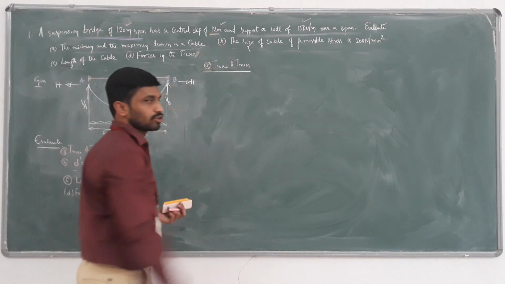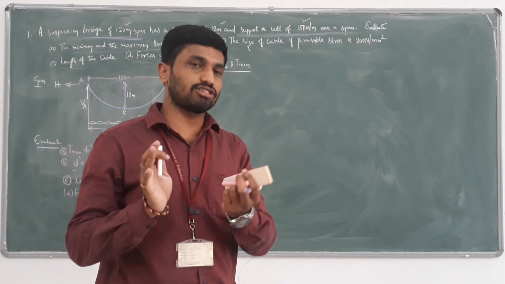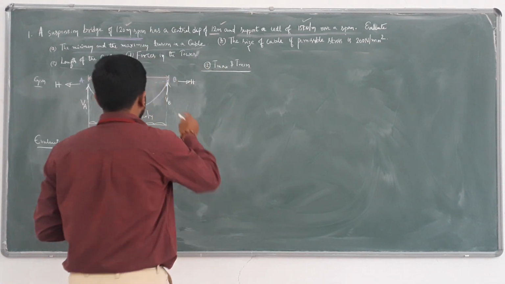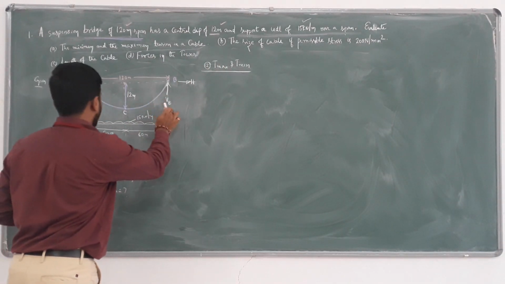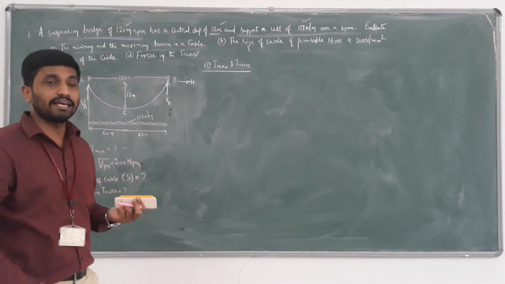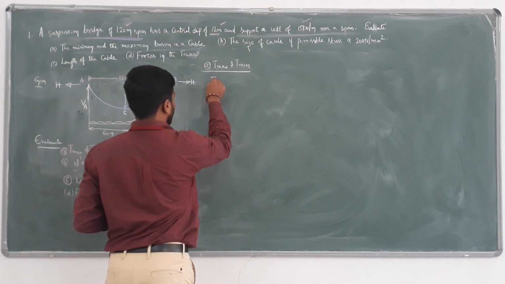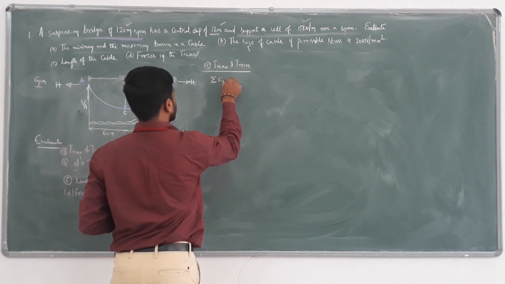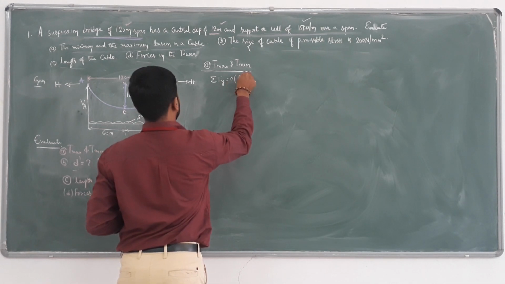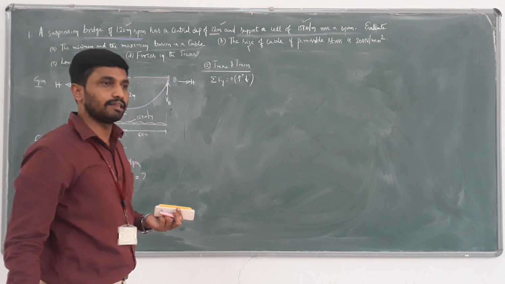For the evaluation of T max and T minimum, first we have to evaluate the external support reactions, that is VA, VB and H. We apply the equations of statics. Sigma Fy equals 0. The general sign convention is that all upward forces are positive and downward forces are negative.